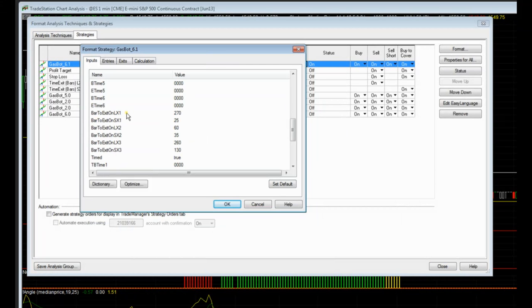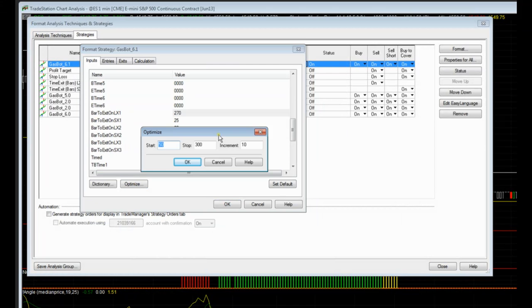Remember I had 3 different periods, 1, 2, and 3. Well, you can just highlight that, go to the Optimize tab, and then you get another little window that pops up and says, okay, I want you to start looking at the results from the number 50 up through 300 in 10-minute increments. And it'll actually run that.